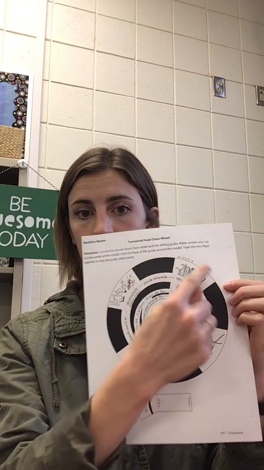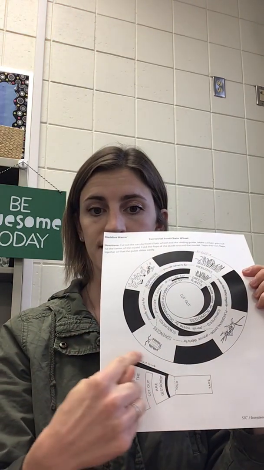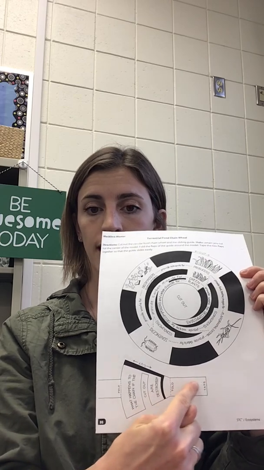Let's begin. Take your scissors and you are going to cut out the large circle here, and this piece down here. Do not cut these tabs off because you will use that.